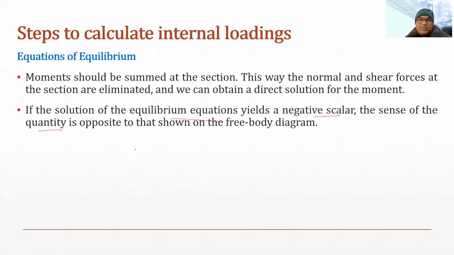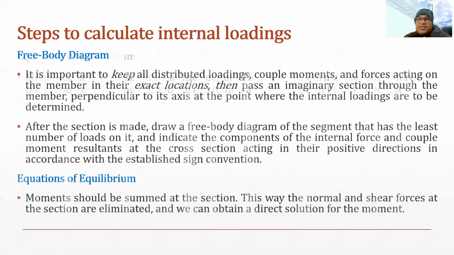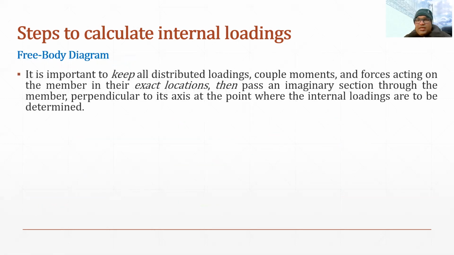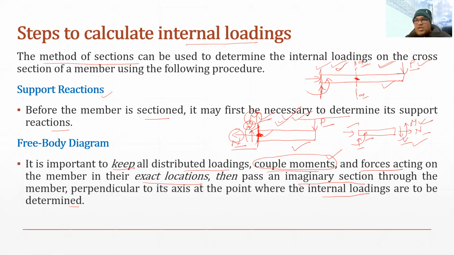In the same manner, we will also assume the direction of the internal forces. Here we are assuming randomly that this force will be upward, this force will be clockwise, this force will be left to right or right to left. We have to verify this direction with our result. If our answer is negative, it means the sense is in the opposite direction.